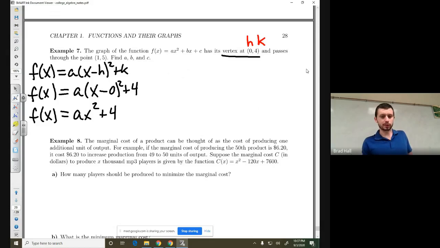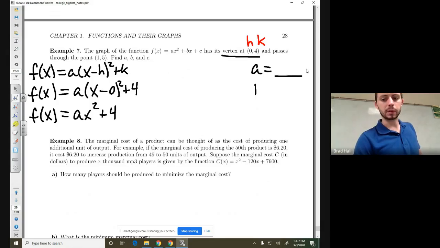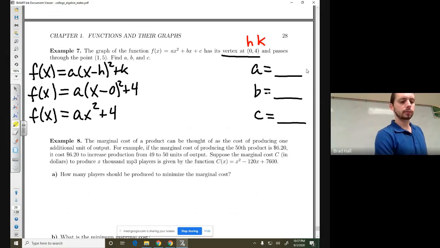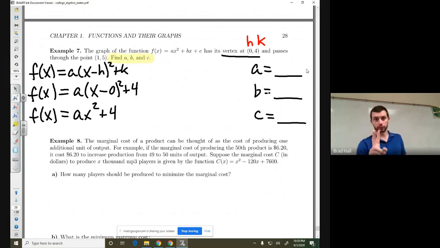Now, the way the problem is going to ask you this is it'll say a is equal to blank, b is equal to blank, c is equal to blank for this premise of find a, b, and c. Now, I claim we already know 2 of these 3 already.